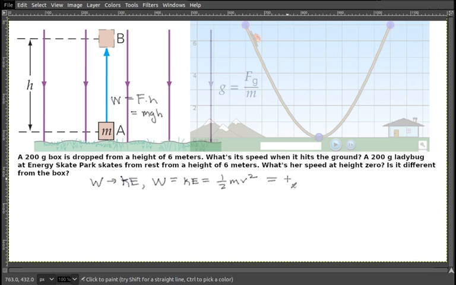And that'll be equal to the mgh. So from here, they're asking for the speed. We could just solve for it. We have a common term, the mass, canceling off right there. And from here we see that the velocity is going to be the square root of 2gh. Great.